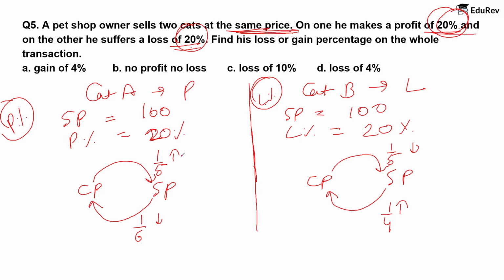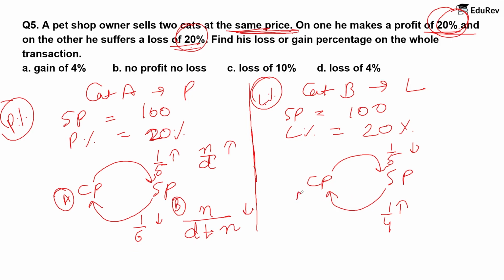So now if I try to generalize it, if I am going from a particular number A to number B and there's an increase of n by D, then while going from B to A, there will be a decrease of n upon D plus n. So n is 1 over here and D is 5, so a decrease of 1 by 6.